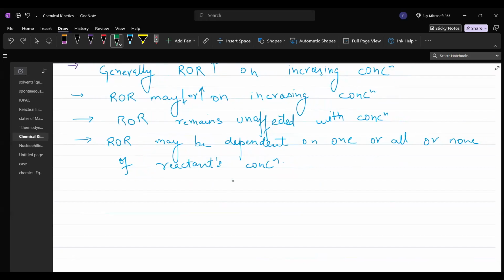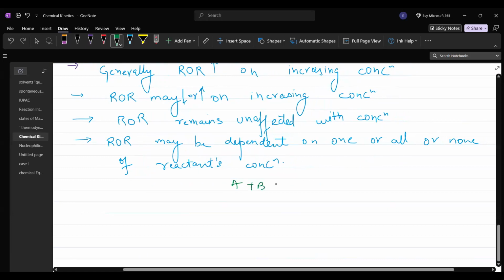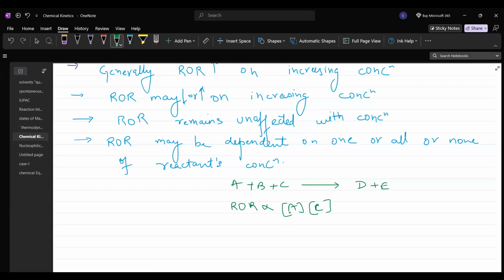For example, A plus B plus C gives D plus E. The rate of reaction could be dependent on A and B, or A and C, but not on B. So this is also possible. Are you getting this?